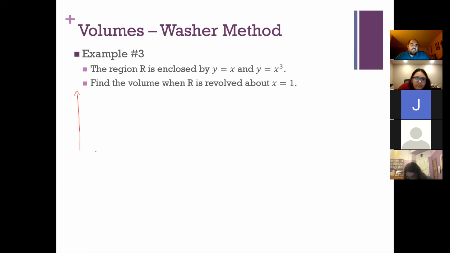What's going to be the difference in how I set this up? Would it be for variables in y? Yep. And what tells you that, Jacob? How do you know that the independent variable is going to be y?